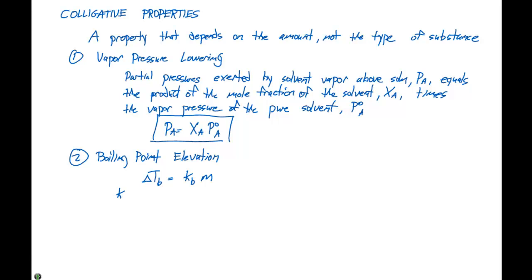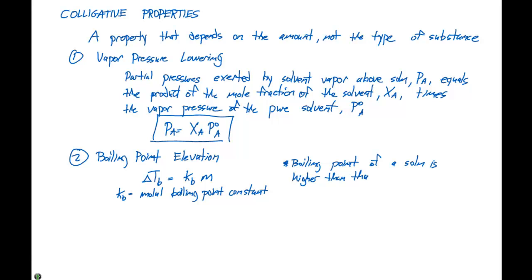And KB here is going to be the molal boiling point constant. And typically, we can say that the boiling point of a solution is higher than that of a pure liquid.